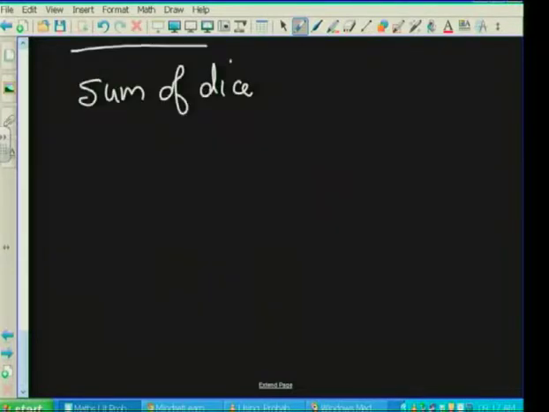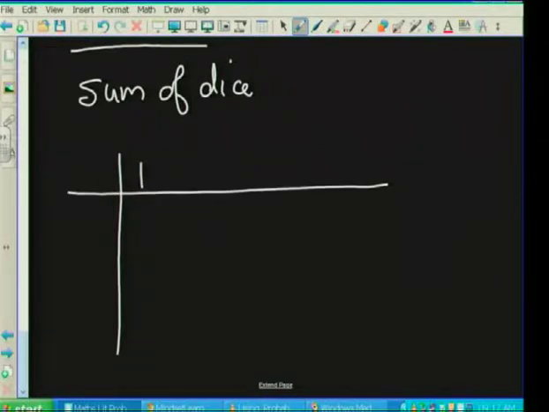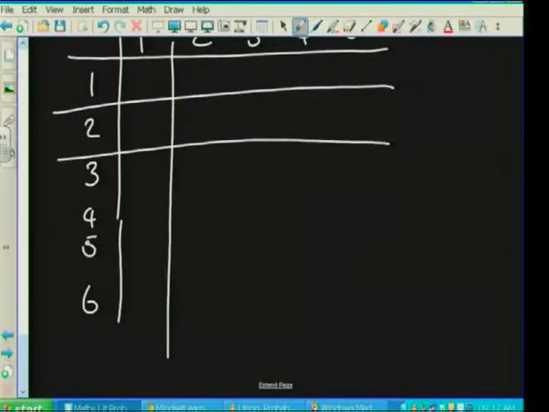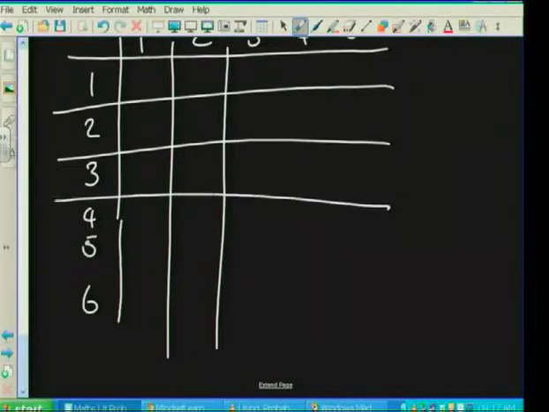You could even get them to draw up a table where they say on 1 dice, if that was 1, that was 2, that was 3, that was 4, that was 5, and that was 6, then 1, 2, 3, 4, 5, and 6. Get them to complete what the possible outcomes are and what the favorable outcomes will be, what the best score would be.